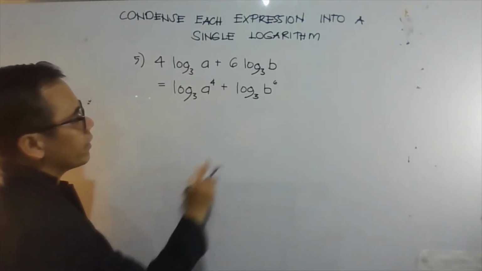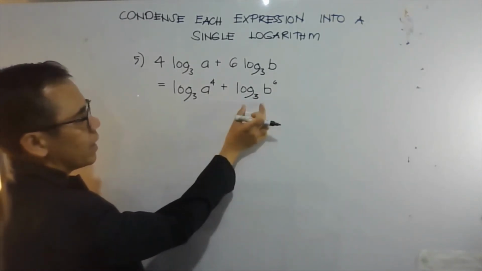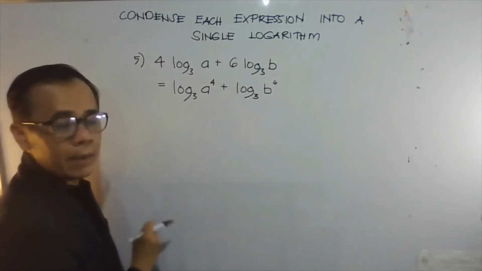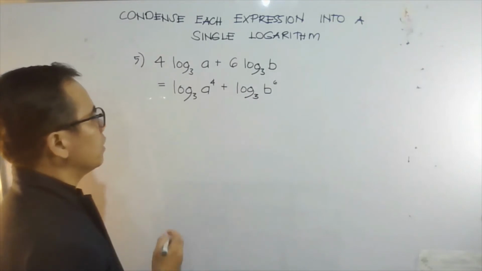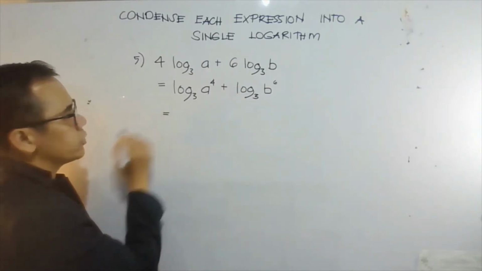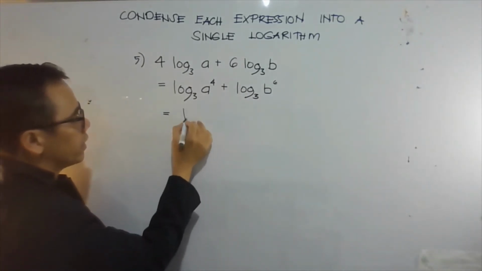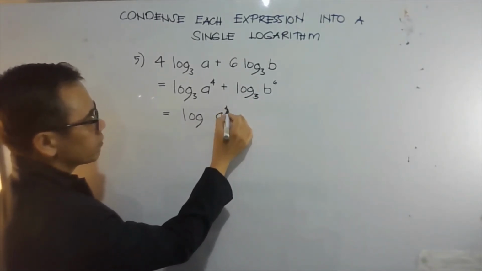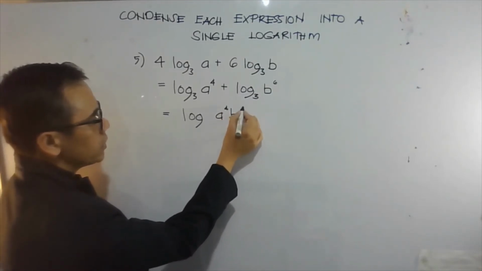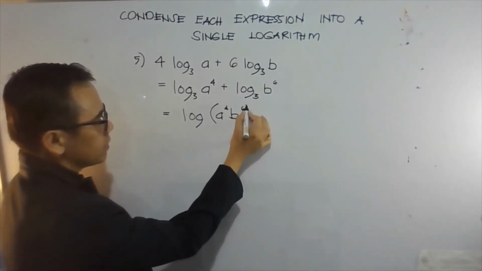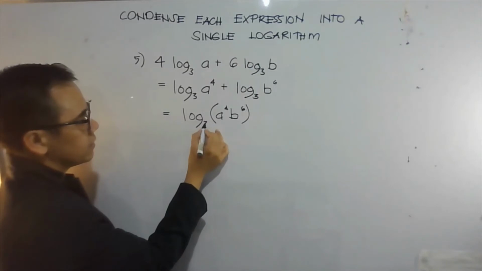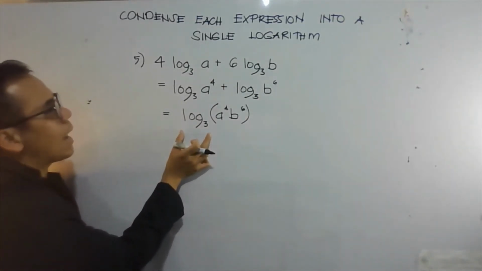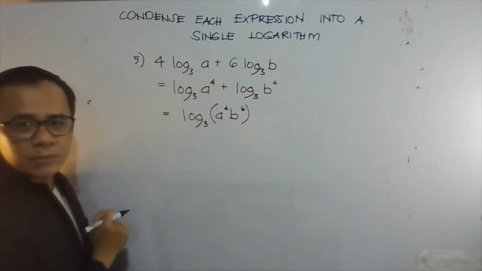Now, since they are in addition and the logarithms have the same base, which is 3, we can combine them, applying the product rule. So this is now equal to the logarithm of a to the 4th times b to the 6th base 3. So we now have a single logarithm out of this expression.